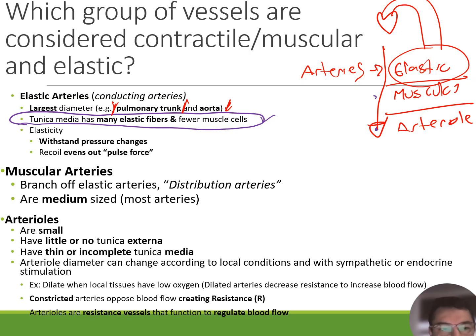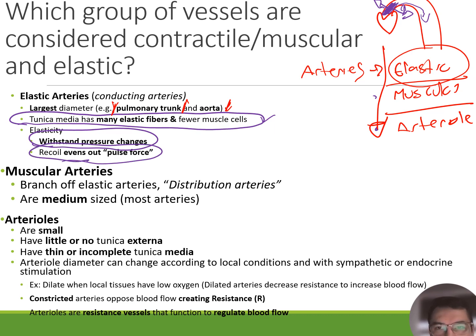This elasticity allows the vessel to withstand the large pressures going through here, and as it is pushing out, because it has those elastic fibers, it will snap back, allowing the pressure to continue throughout that vessel. And that is what we call pulse force.